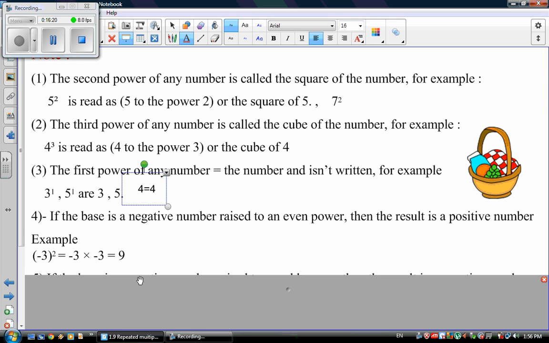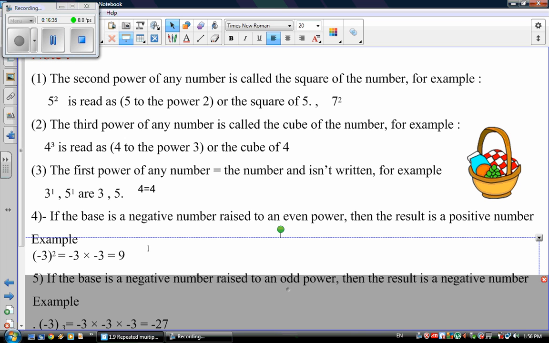Another example, negative 5 to the power 2.